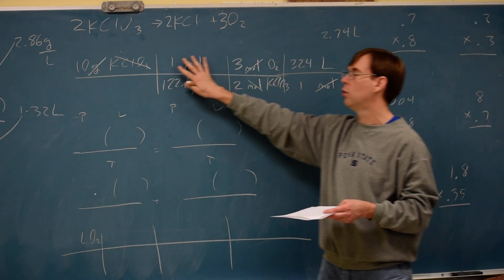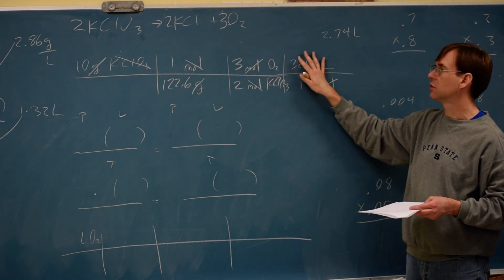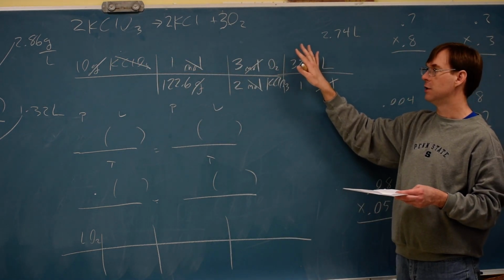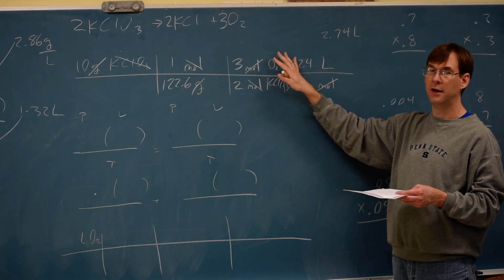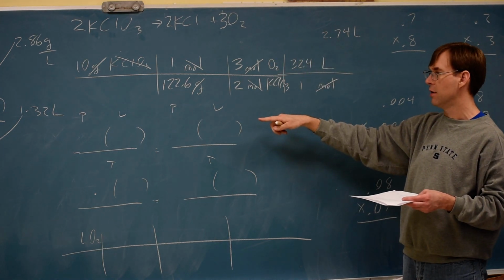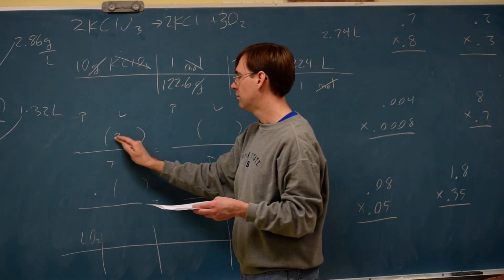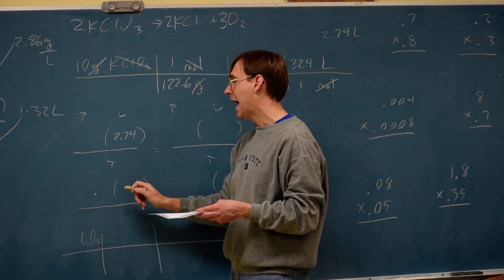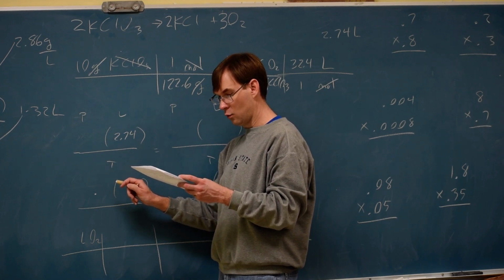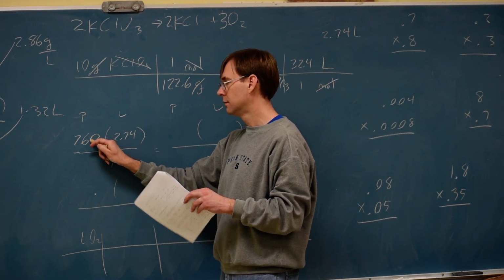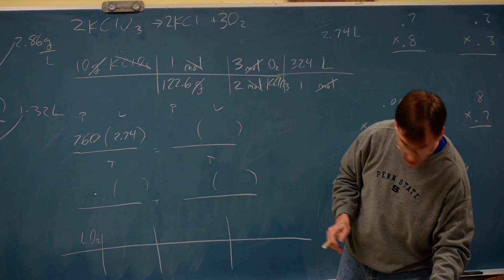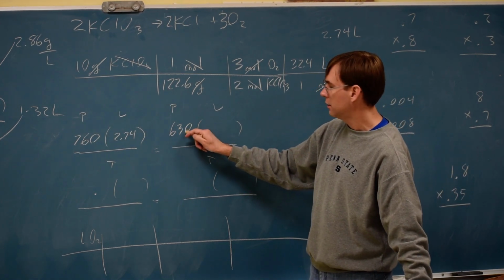When you're doing this old stuff, that only is true at STP. You want to celebrate and feel like you're done, but all that did is feed us a number to do the new math. The 2.74 liters is a volume at STP, meaning we're at 760 compared to, they wanted us to be at 630 torr.